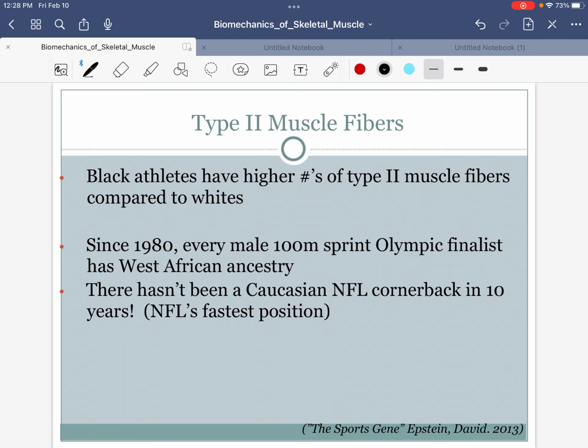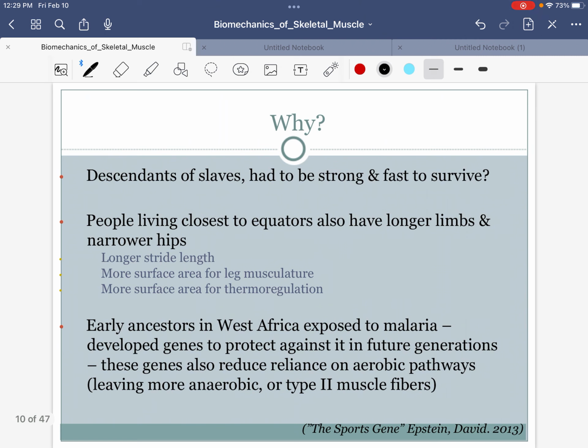Think about the top tier cornerbacks, even running backs, folks. Top tier wide receivers. These are all sporting positions that require a lot of type 2 muscle fibers. And therefore, we tend to see a lot more African American athletes. There are other factors that play a role, of course.